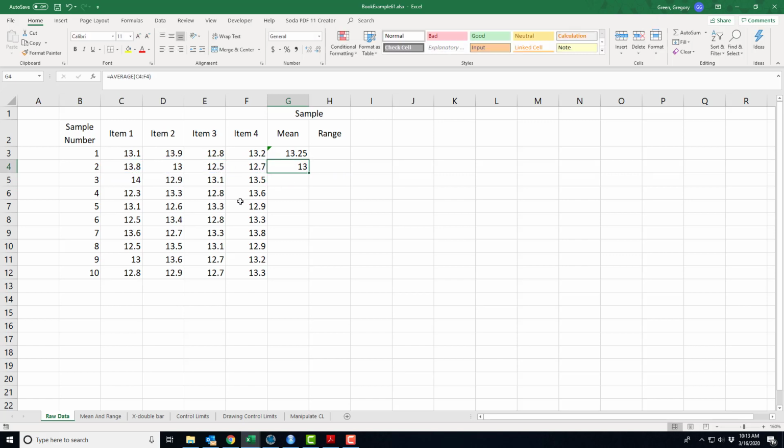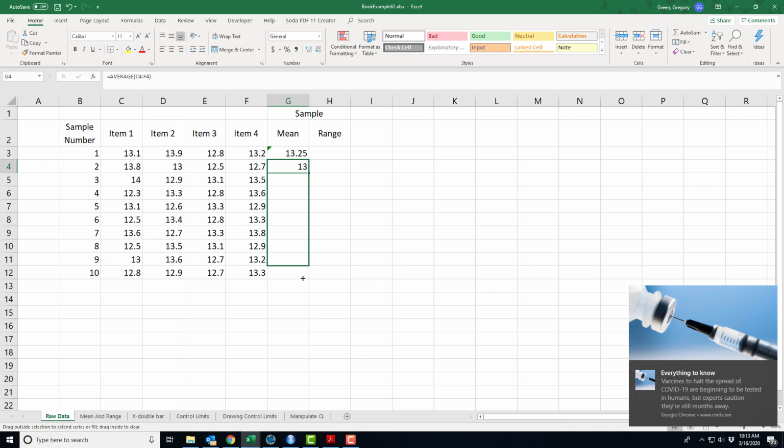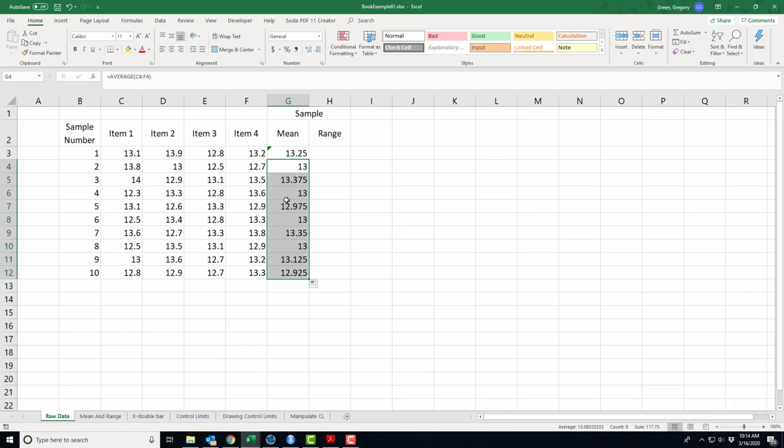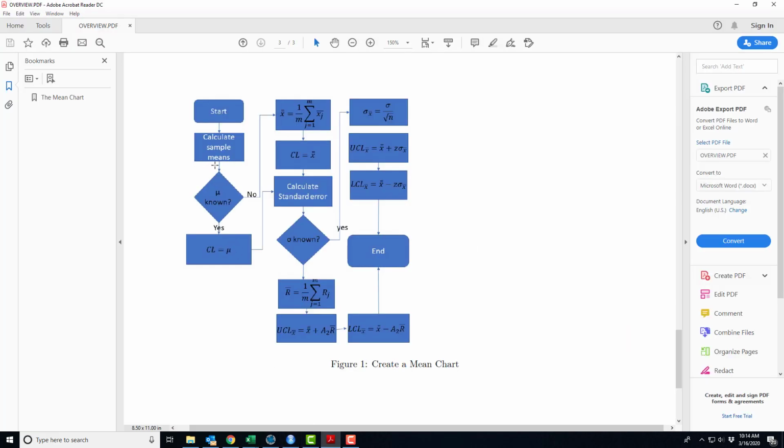And then, since I have 10 samples and no averages for 8 of them at this point, why don't I just copy this down? And now I have a mean for each sample, which is what my flow diagram said to do.